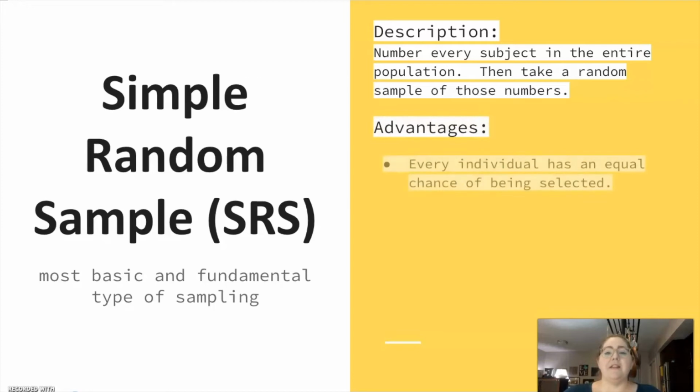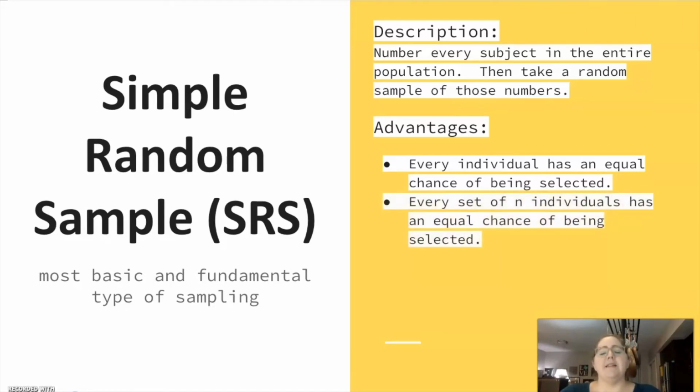Some advantages of this are that every individual has an equal chance of being selected. Another thing that's true, and this is not necessarily an advantage, it's just something that is only true of a simple random sample, is that every set of n individuals has an equal chance of being selected. So if I have a population of 100 people and I'm trying to pick 10 of them, with a simple random sample, any combination of 10 people has the same exact chance of being picked.